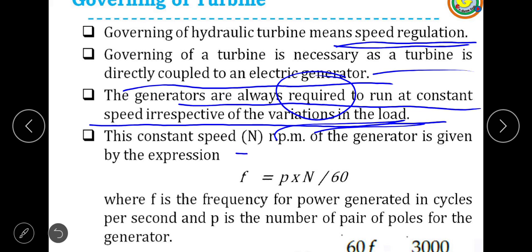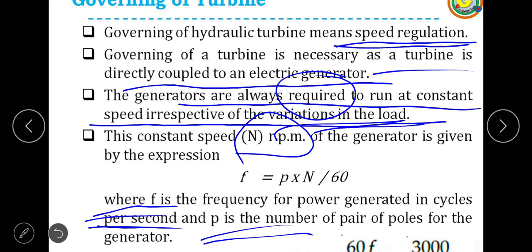This constant speed N in RPM of the generator is given by the expression f = P × N / 60, where f is the frequency of power generated in cycles per second and P is the number of pairs of poles for the generator.